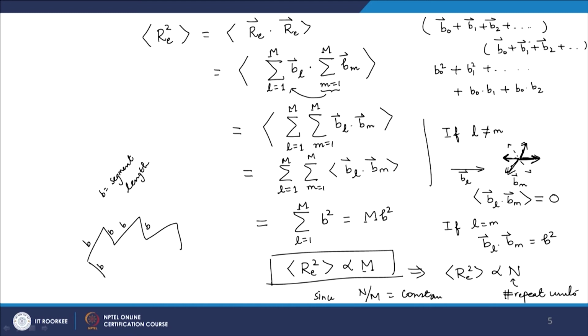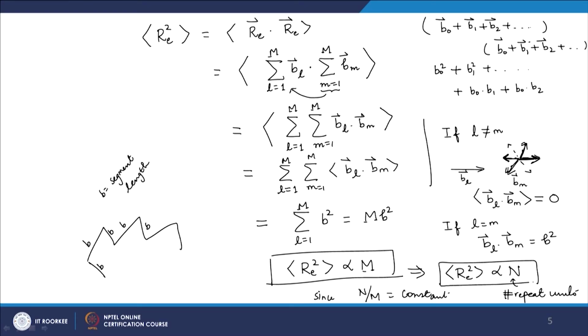Okay. So, we do not really care how many repeat units I use to represent a segment. The key message is that the average of the mean square displacement is proportional to the number of segments, and since we are representing many repeat units by one segment, the mean square displacement averaged should also be proportional to n, which is the ideal chain behavior I have hinted to you in the earlier classes.